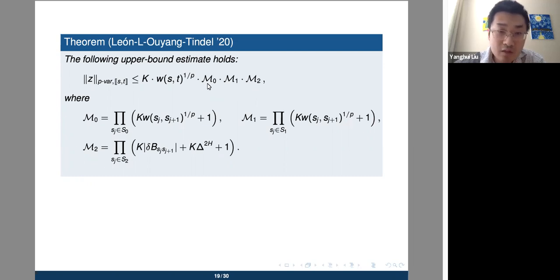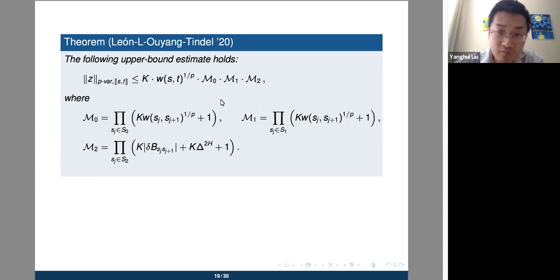M0 corresponds to S_j that has a median step, M1 corresponds to S_j with small steps, and M2 is for S_j with large steps.